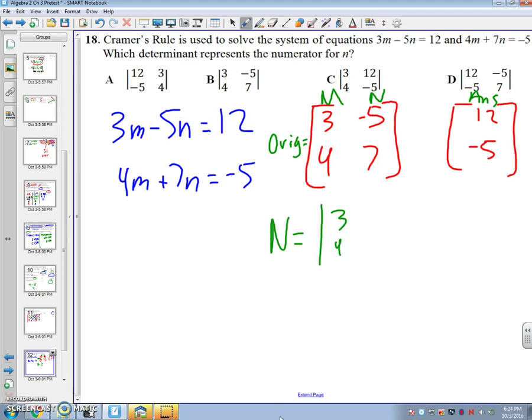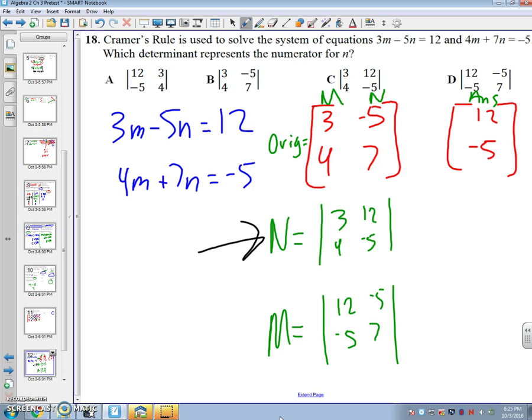I change n with the answer, 12, negative 5. And that's my answer. And just for extra, m would be leaving the n column alone, changing the m column with the answers. So this first column would change to 12, negative 5, and this would stay negative 5, 7. But, again, they want n. So 3, 4, 12, negative 5. This is C. So some problems test not the answer, but do you know the process?